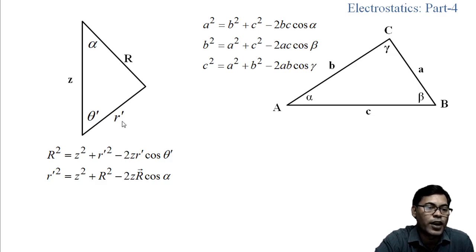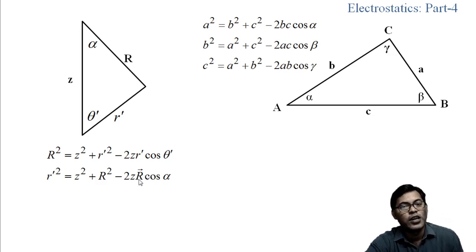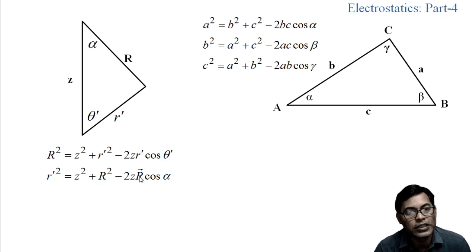Similarly, if we want to find r prime, then r prime square equals z square plus capital R square minus twice z R cos alpha. This R is a scalar quantity, it is not a vector. Those who know this cosine rule, that is fine, and those who do not, from that discussion you can understand how to use the cosine rule.